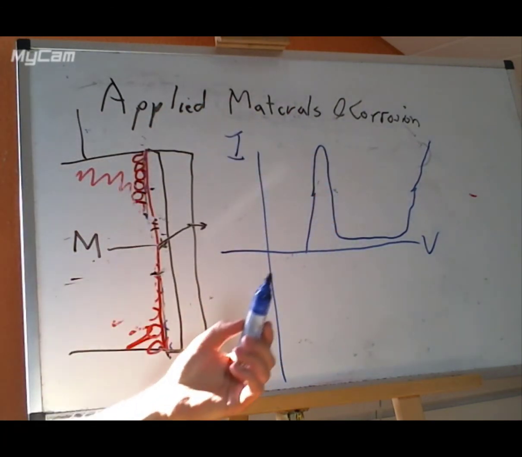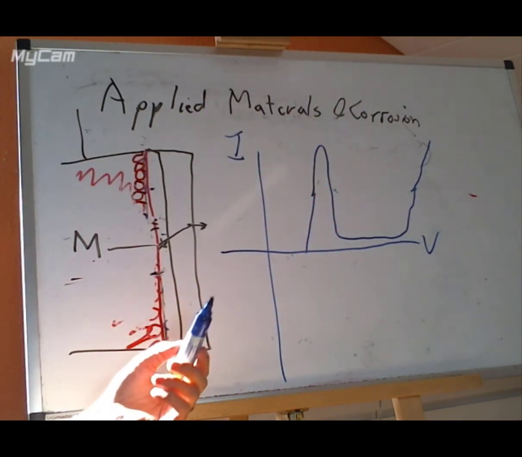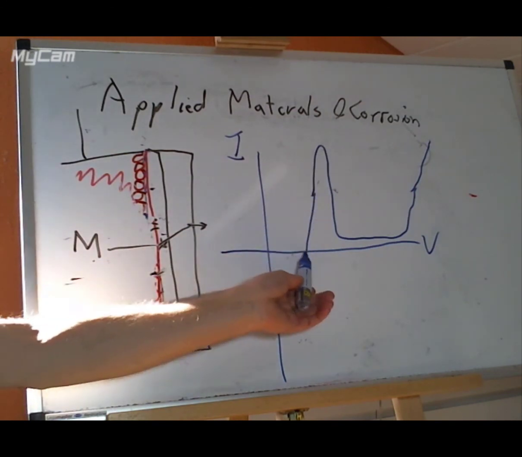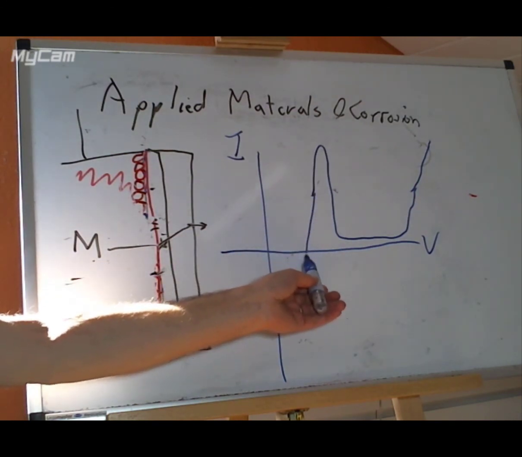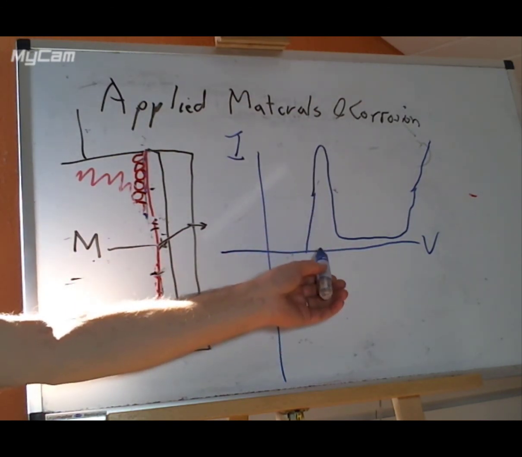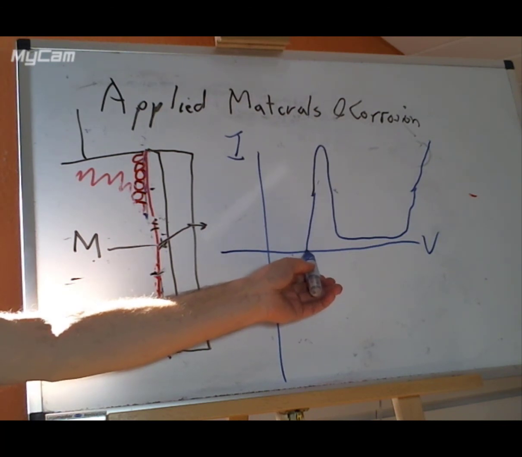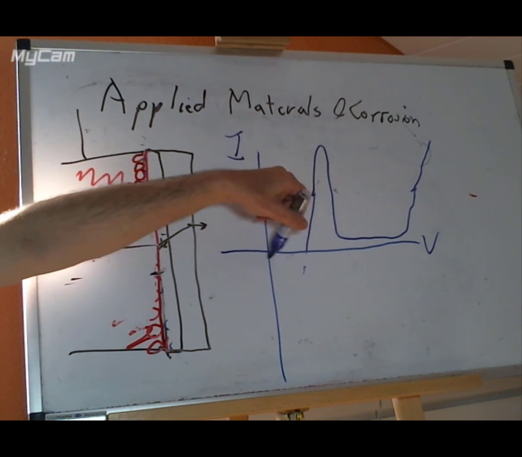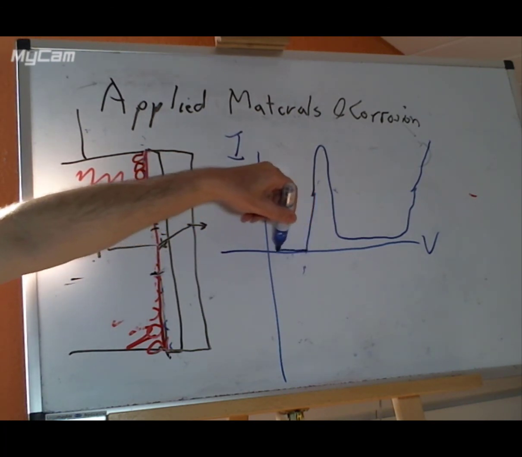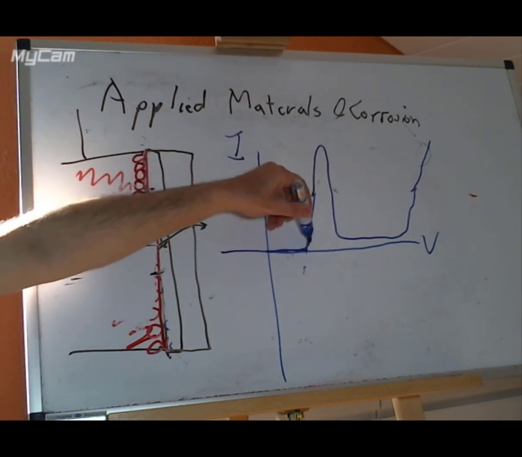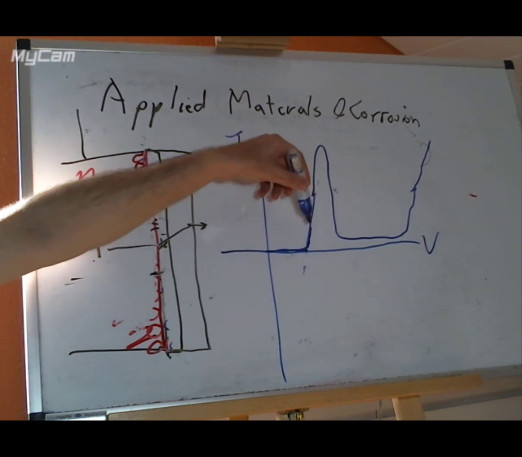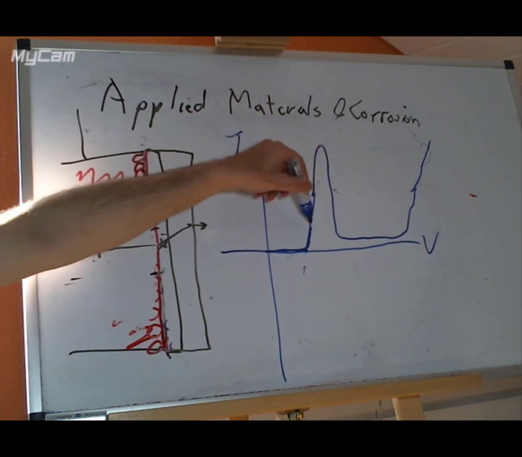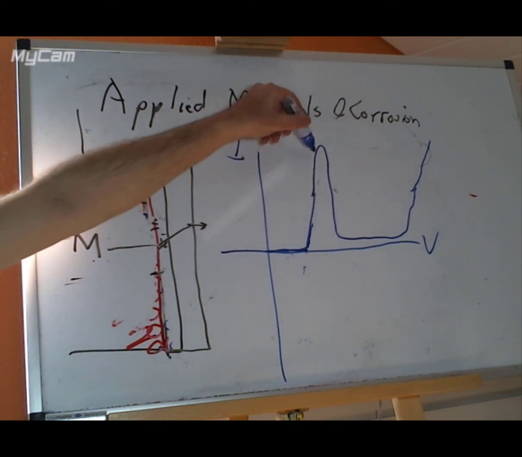So as we increase the voltage, the current doesn't change until we pass that iron to iron 2+ transition where the pen is now. Then we get current that increases as we increase the voltage to a very high value. Typically these are drawn on a logarithmic scale, so this would be a huge current compared to the rest of the current. It goes up very quickly.